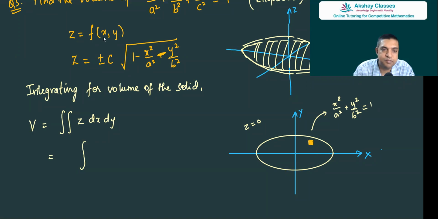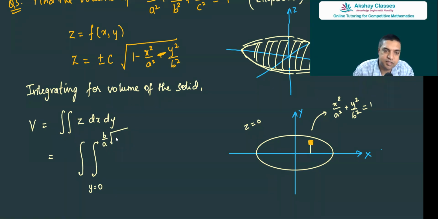Now y will vary from, let us do this. If I have to revolve like a solid of revolution, then y I can just write from 0 to b by a under root of a squared minus x squared.